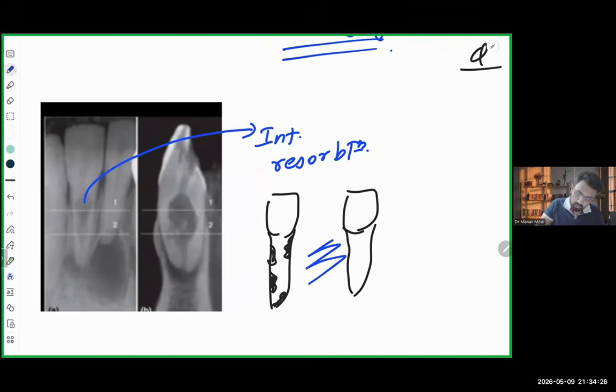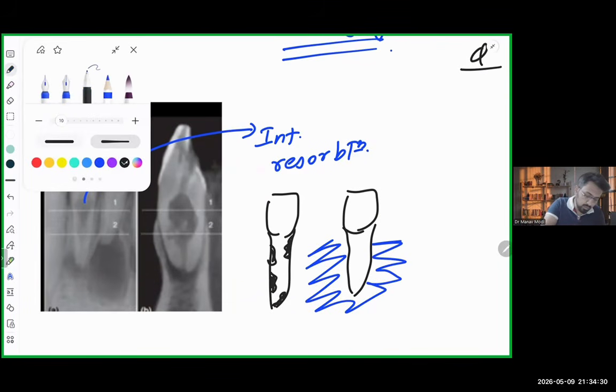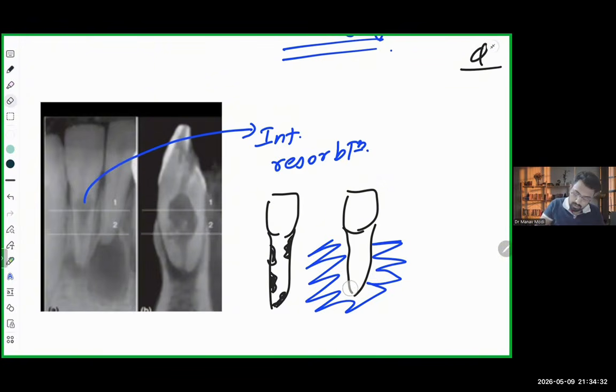This is the bone, so what will you see? That this space is not there and the tooth is moving towards ankylosis. So this is external inflammatory resorption and this is external replacement resorption.